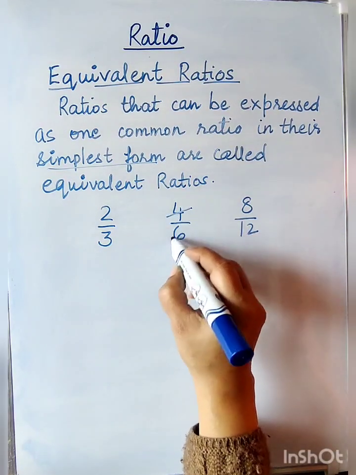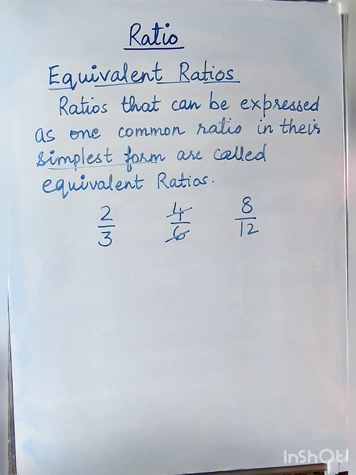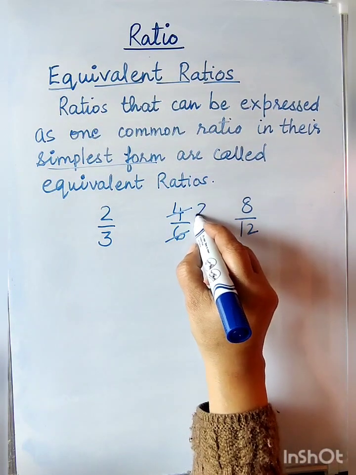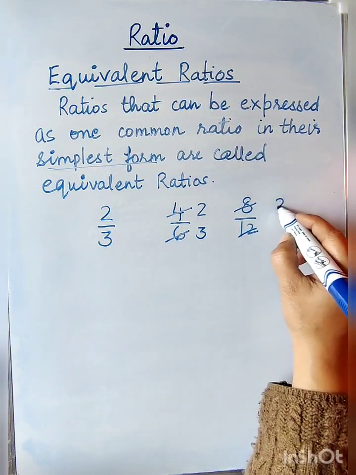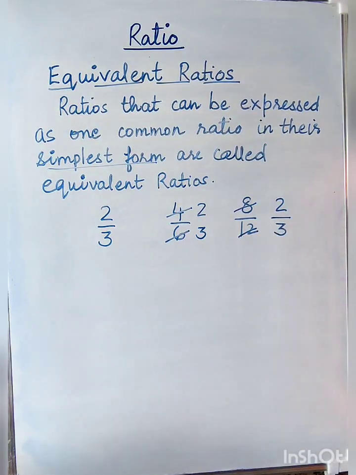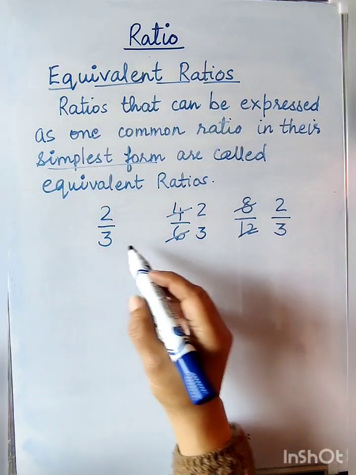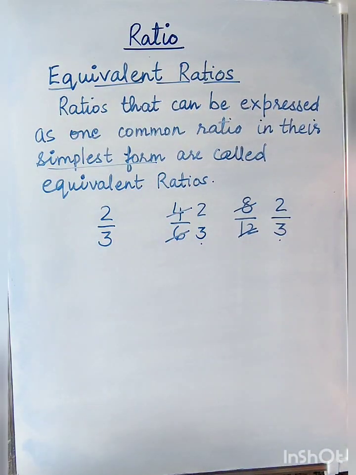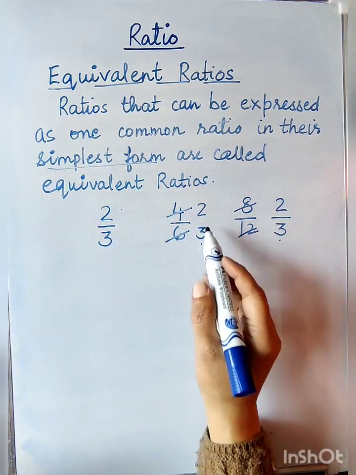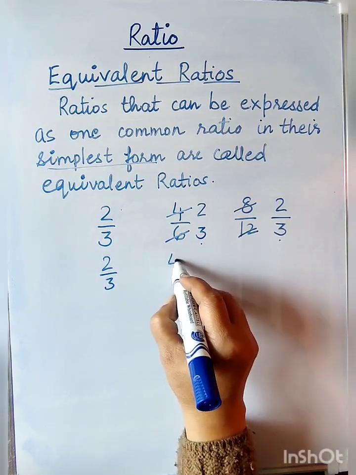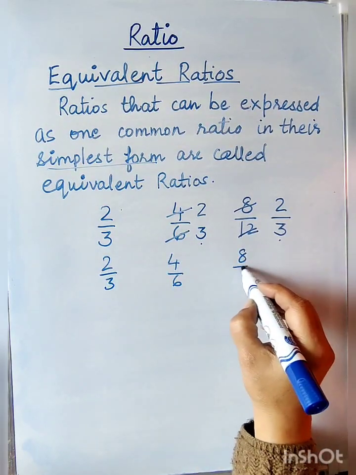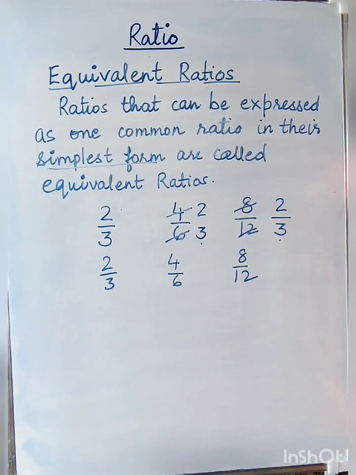Now see, if I change 4 by 6 to the lowest term, it will be again 2 by 3. Similarly, 8 by 12 I can change to 2 by 3 on dividing by 4. So all these ratios in the simplest form can be expressed as one single ratio, 2 by 3. Thus 2 by 3, 4 by 6, 8 by 12 are all called equivalent ratios.